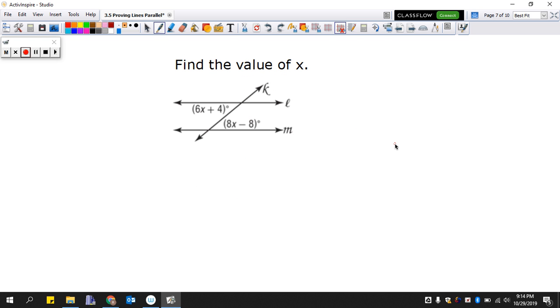Now that we've had a little bit of practice identifying which postulate we're going to be using, we're just going to use that to solve the problem. We know that the 6x plus 4 and the 8x minus 8 are alternate interior angles, and alternate interior angles are congruent.